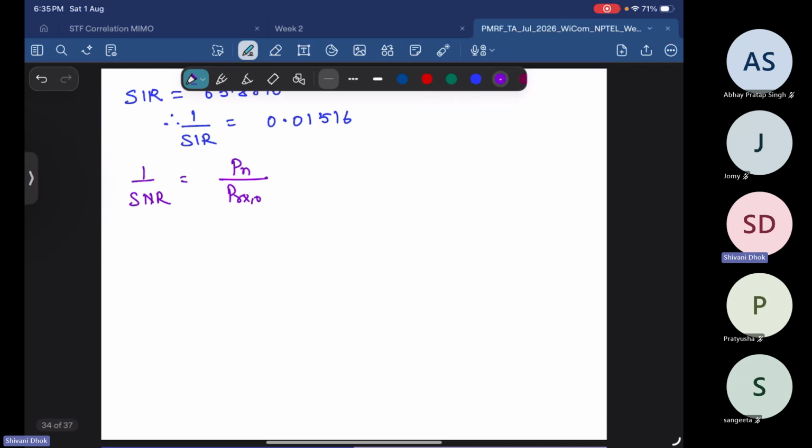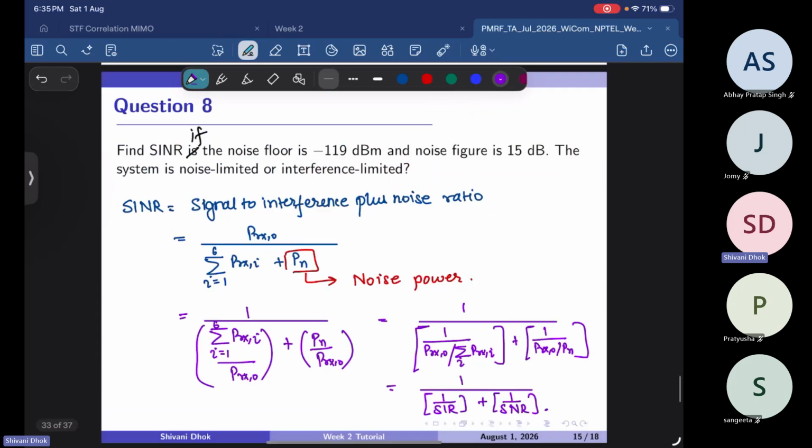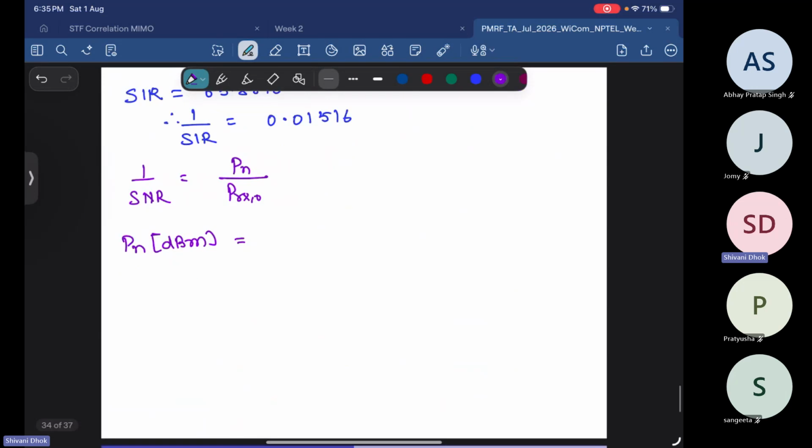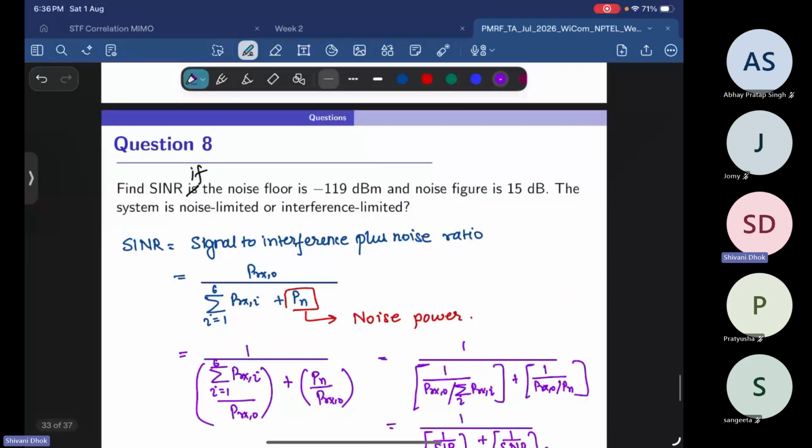Still, let's calculate it. So your noise power in dBm is basically your noise floor in dBm plus noise figure in dB. So this comes out to be equal to minus 119 plus noise figure is 15.